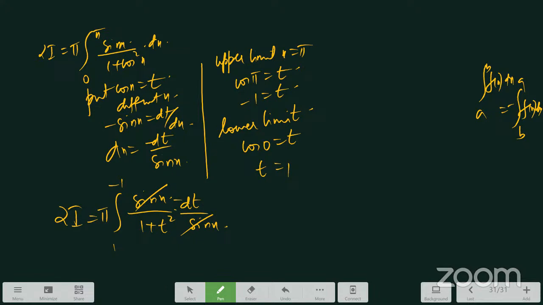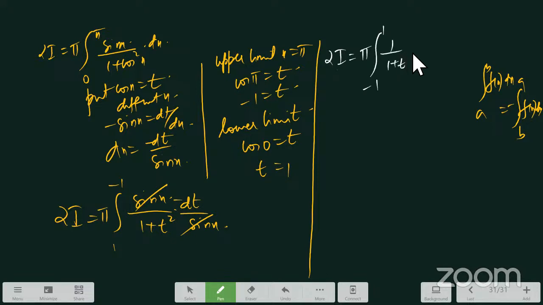So here I am interchanging now. So that is 2I is equal to pi times the integral from minus 1 to 1. Now that minus is gone, 1 by 1 plus t square dt. Minus is gone. This minus, I'm changing the limits. That minus into minus becomes plus.